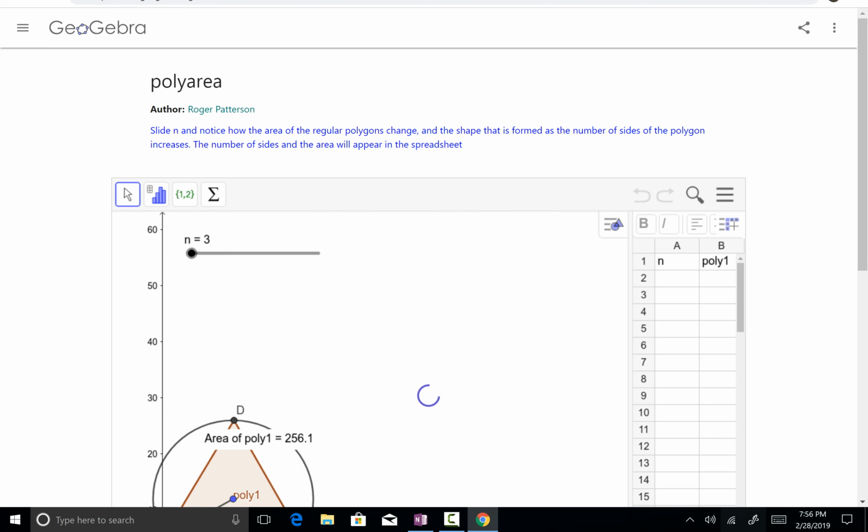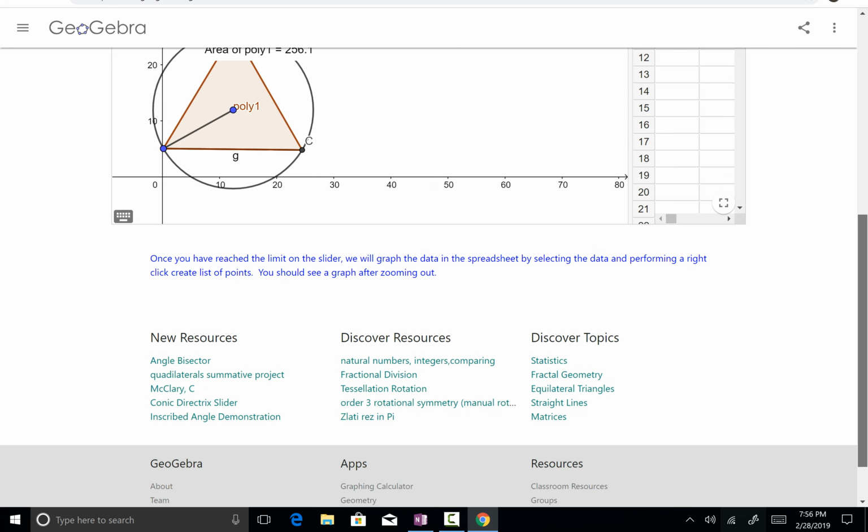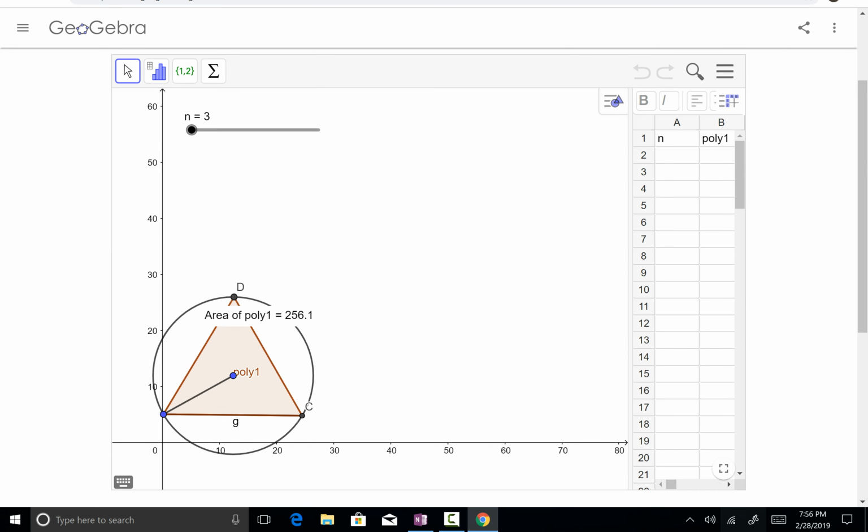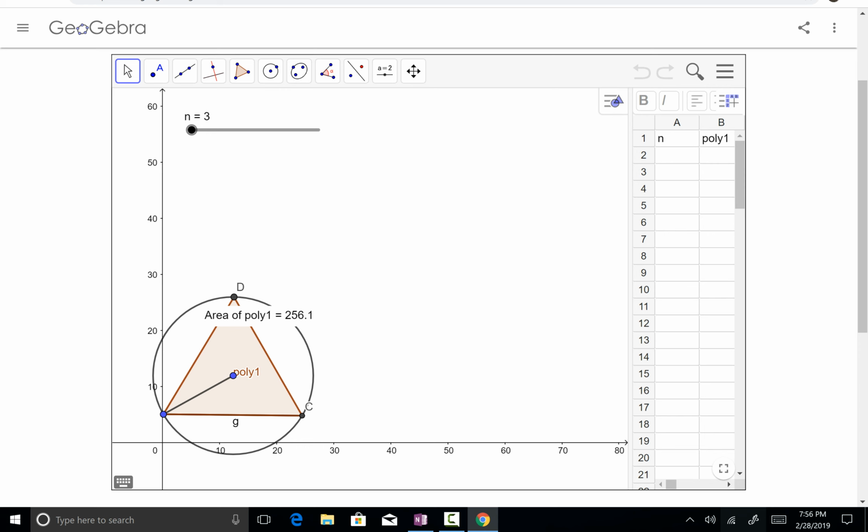Okay, so I'm going to pull this up, and here's what we have here. So we have a triangle inside of a circle, remember we call that inscribed. The inscribed polygon 1 there has an area of 256, and n represents the number of sides that polygon has.